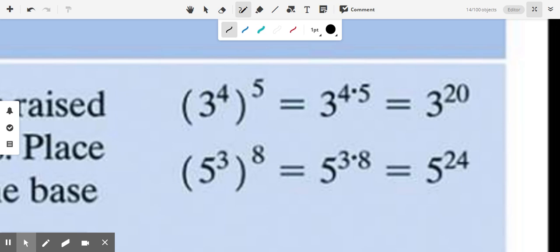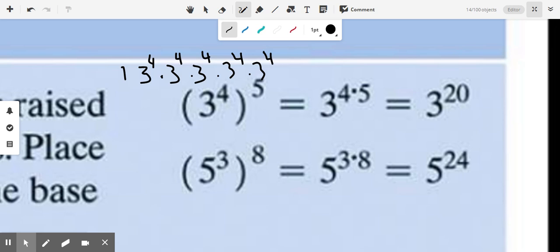In this case, the shortcut is to multiply, because 3 to the 4th to the 5th power, really what that means is 3 to the 4th times 3 to the 4th, 5 times, right? And then if you'll notice, I've got 5 of these 3's multiplied together, which means I could add their exponents. If I add 4 five times, I get 20.